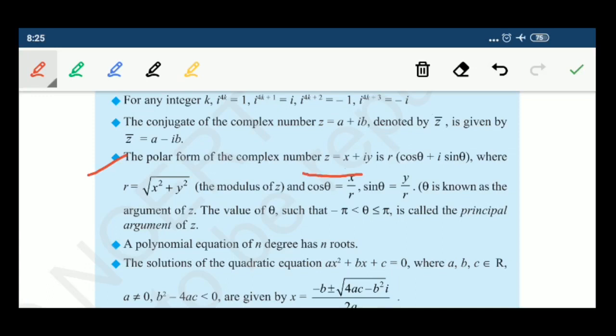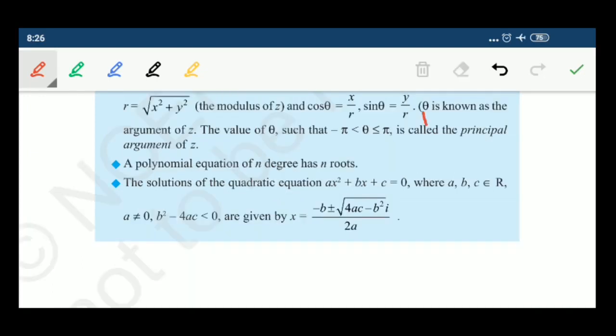Suppose this is your given complex number and this is the polar form of the complex number, where r is the modulus of z and theta is the argument of z. And remember, theta lies between minus pi and pi. So this value is known as the principal argument of z.